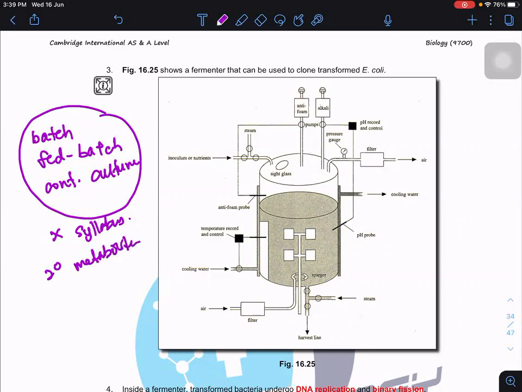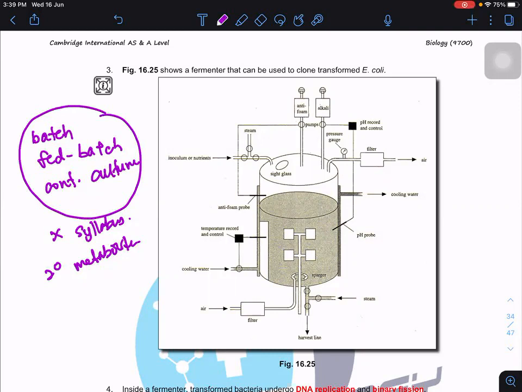Too bad, those are quite good topics, but have been removed from your syllabus already. Those are very important in future if you plan to pursue your degree in biotech, because in biotech you need to culture the bacteria, you need to culture the fungus, so that it can produce certain proteins for us. But now this topic has been removed from your syllabus already. So if you look at this past year paper regarding batch culture, fed batch culture, continuous culture, secondary metabolite, penicillin, those are not in your syllabus anymore.